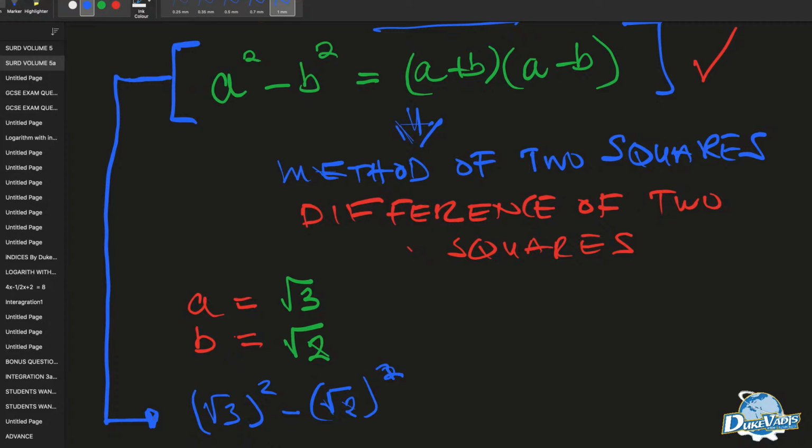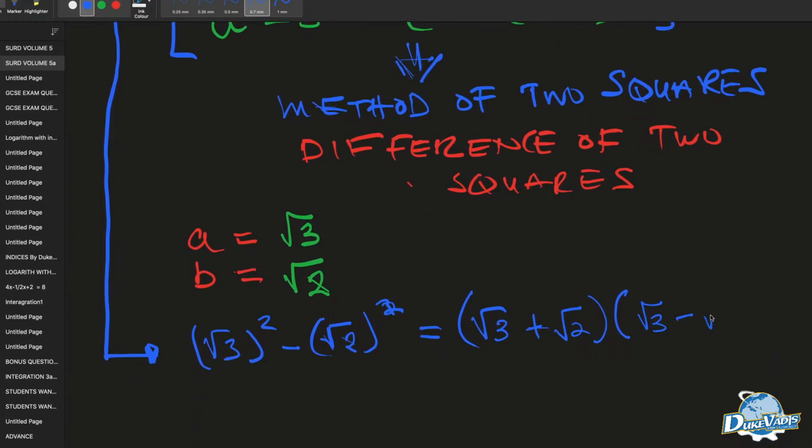So if we apply this rule or this equation, then our answer is going to be root 3 in brackets plus root 2, in brackets, and the same thing, root 3 minus root 2.